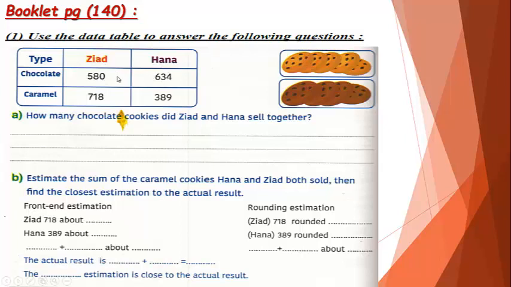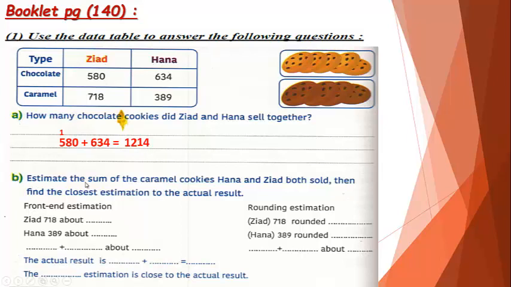I'm just going to add them. 580 plus 634. 0 plus 4 equals 4. 8 plus 3 equals 11, 1 and carry up 1. 1 plus 5 equals 6, 6 plus 6 equals 12. So they have sold 1,214. Okay, this is letter A. I have no problem with it.